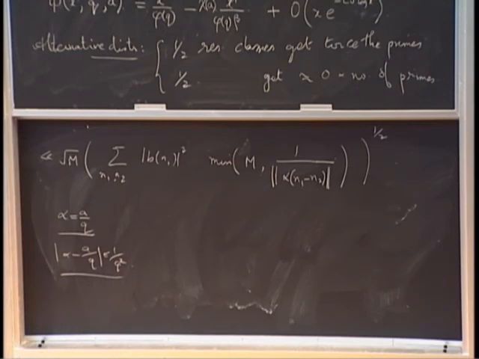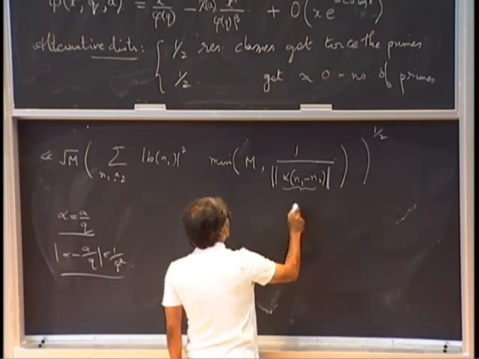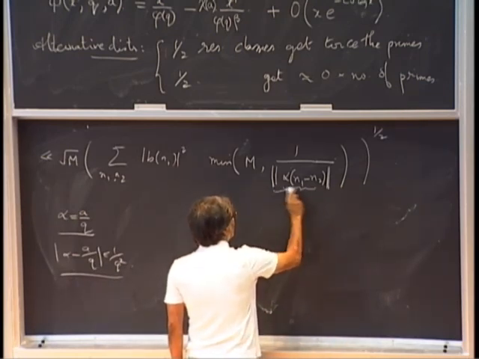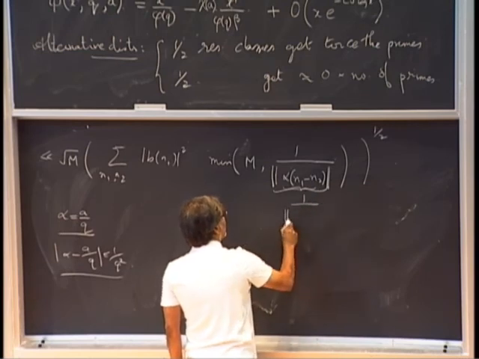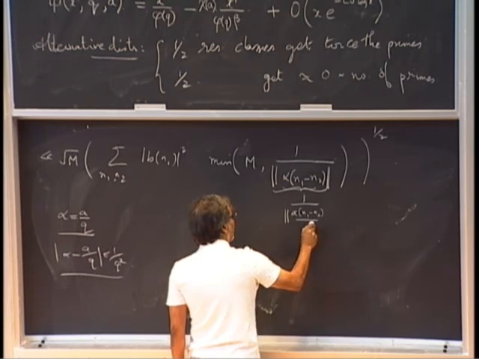But let's pretend that it's a over q. Then what I have here is something like 1 over the distance from the nearest integer of a times (n1 minus n2) over q.